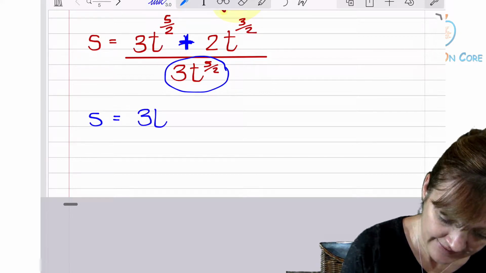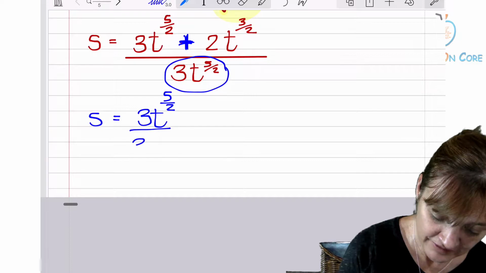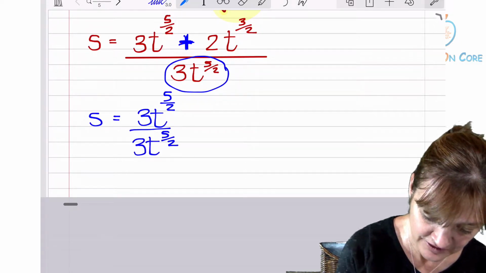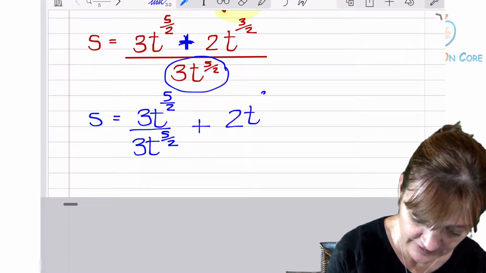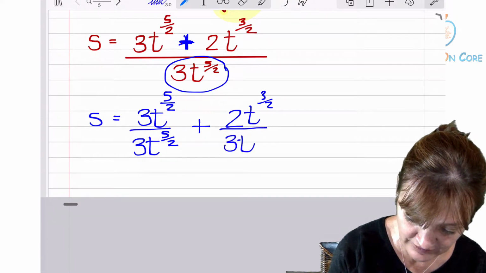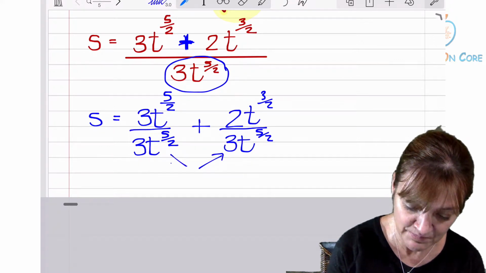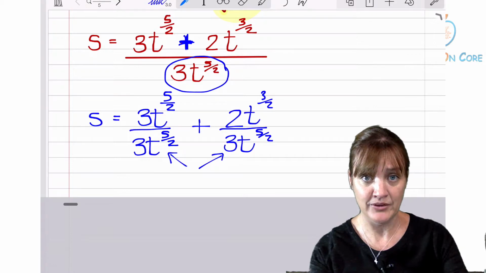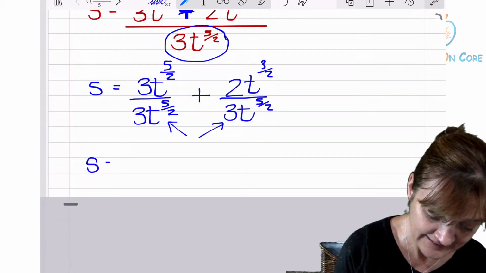You've got 3t to the 5 over 2, and I'm going to put it over its own denominator of 3t to the 5 over 2, plus then I had 2t to the 3 over 2, and I'm putting it over its own denominator of 3t to the 5 over 2. So can you see I have split the denominator and I've given each term their own one, okay? That now is going to help you simplify this nicely.